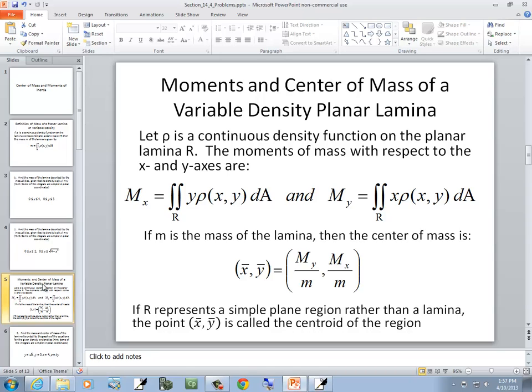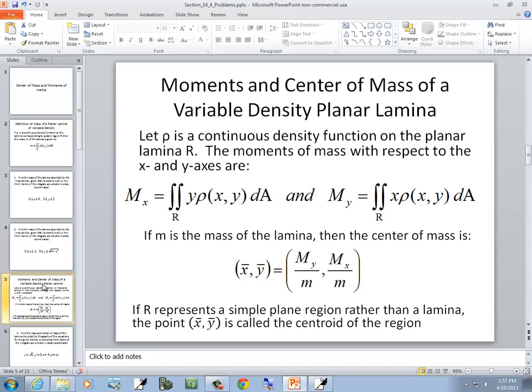Moments and center of mass of a variable density planar lamina. Let rho be a continuous density function on planar lamina R. The moments of mass with respect to x and y axis are given by these moments. M sub x, that's a moment with regards to the x-axis, is equal to the integral of y times rho.